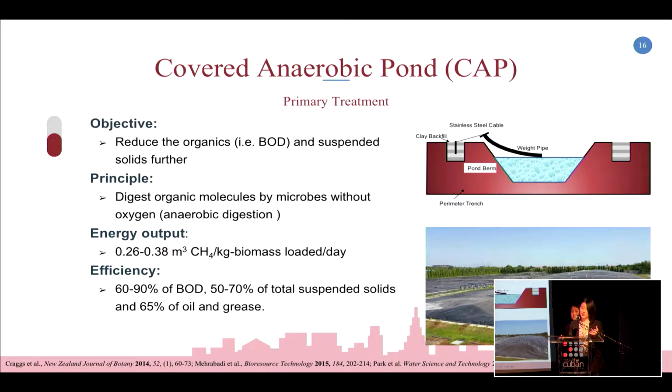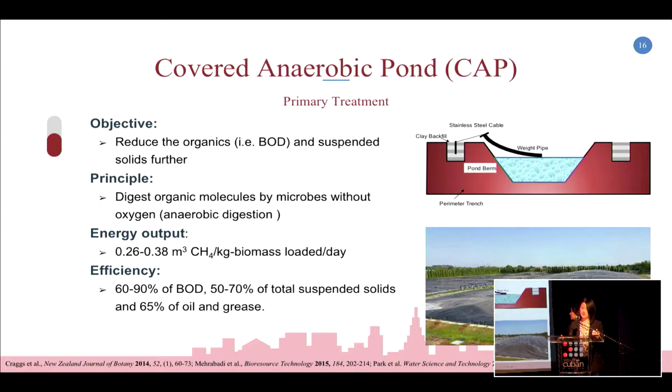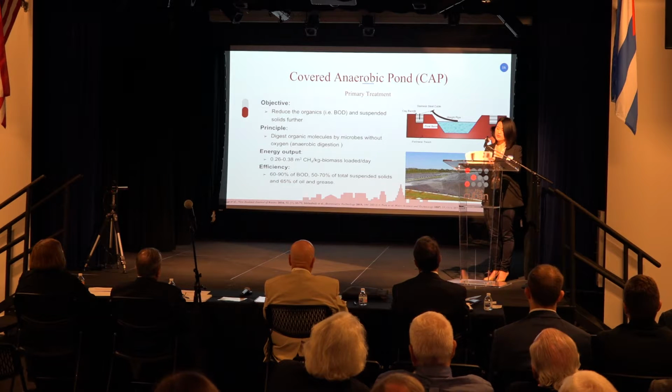And the energy output is methane, so the methane can further be used to generate electricity. So it is very energy efficient. And the efficiency to remove the pollutants is high. It's about 60 to 90% of BOD, 50 to 70% of the total suspended solids, and even 60% for the oil and grease.